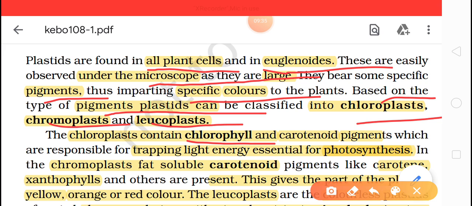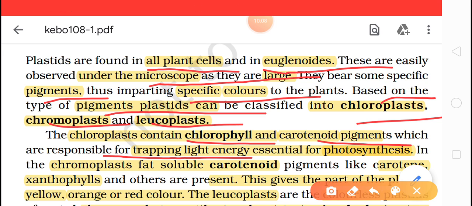By the use of chlorophyll, the plants perform the process of photosynthesis and they prepare food for all the living organisms. The chloroplast also has carotenoid pigments, which are responsible for trapping light energy essential for photosynthesis. So this is about chloroplast.